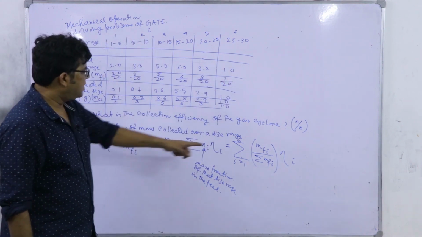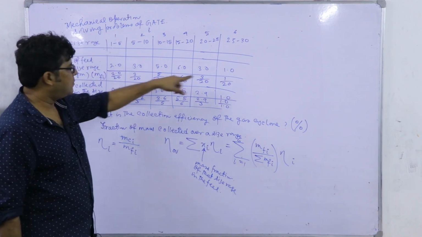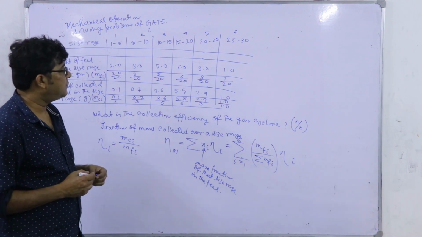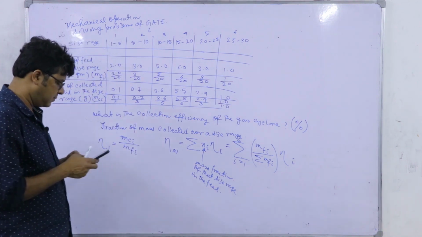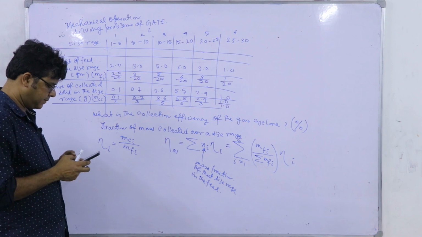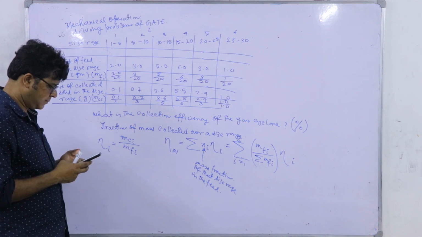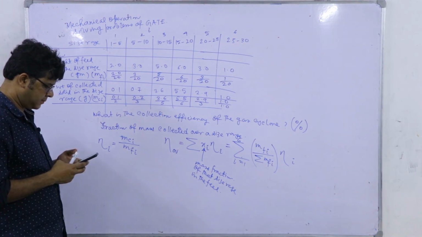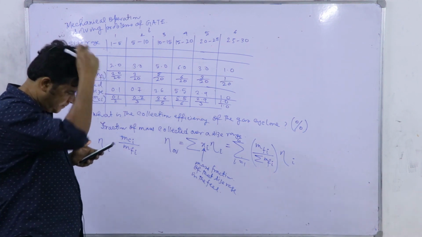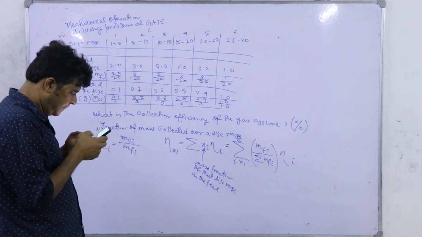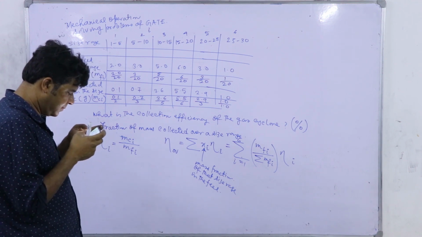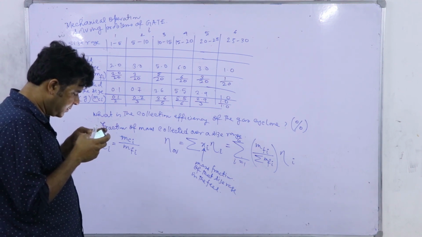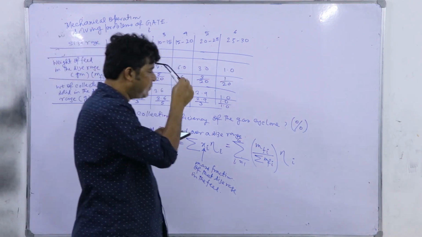So, individual eta must be multiplied by the respective mass fraction of that size range in the feed, and therefrom we will get the overall collection efficiency of that cyclone. Okay. So, let us solve another problem.